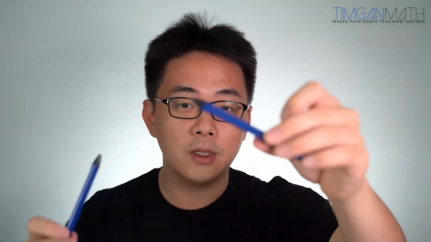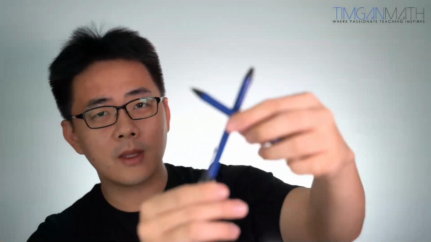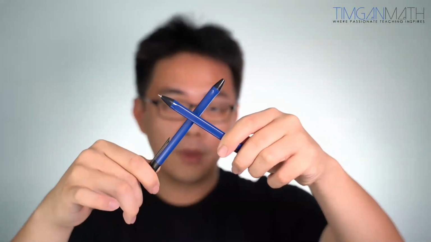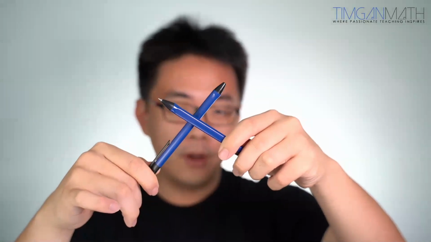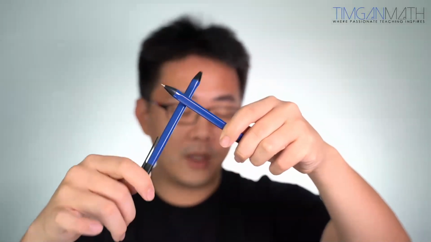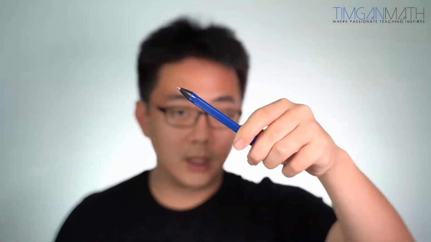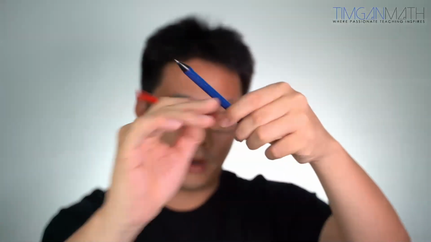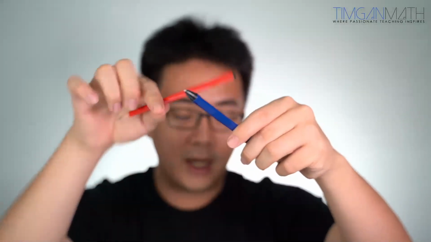It's like this is perpendicular, right? But in three-dimensional form, if I ask you to find a line which is perpendicular to this line here, you realize there are infinitely many lines which can be perpendicular. It could be here, here, here. You just go all the way around it. So there are many, many lines which are perpendicular.